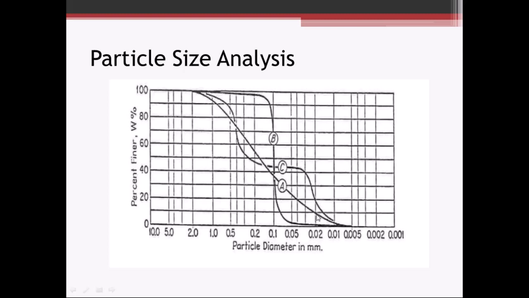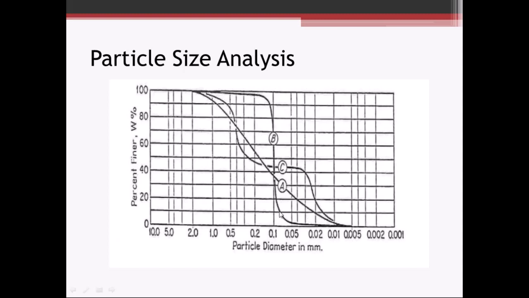It has minimal voids. They have all the different particle sizes in it. Typically, those materials are going to have a higher unit weight, higher shear strength, and lower permeability around their optimal moisture content. Some examples of this would be a DOT type 2 or a type 4 subbase.